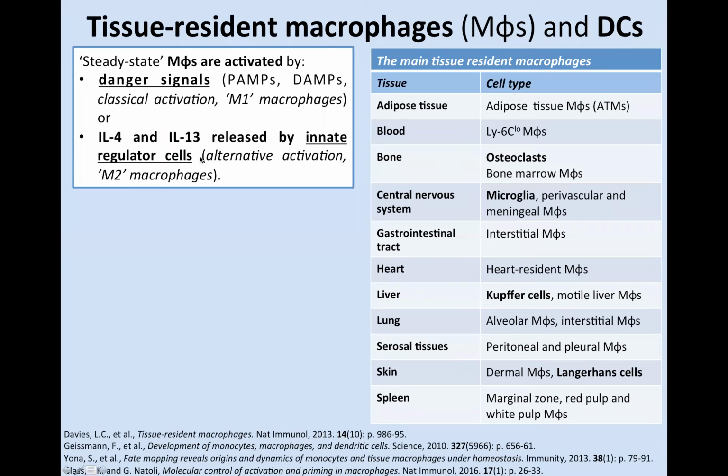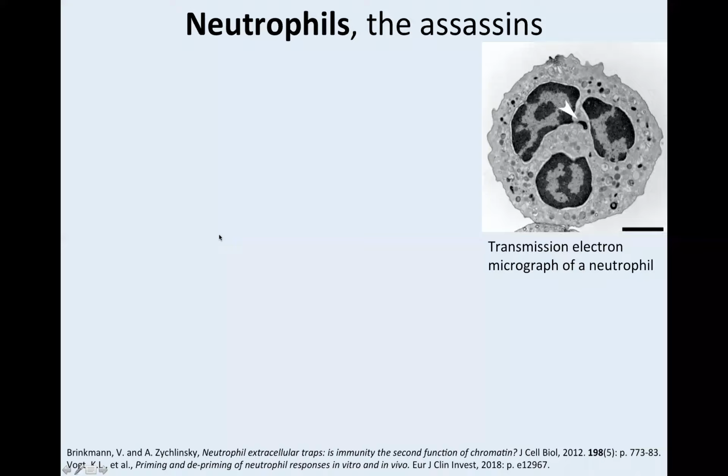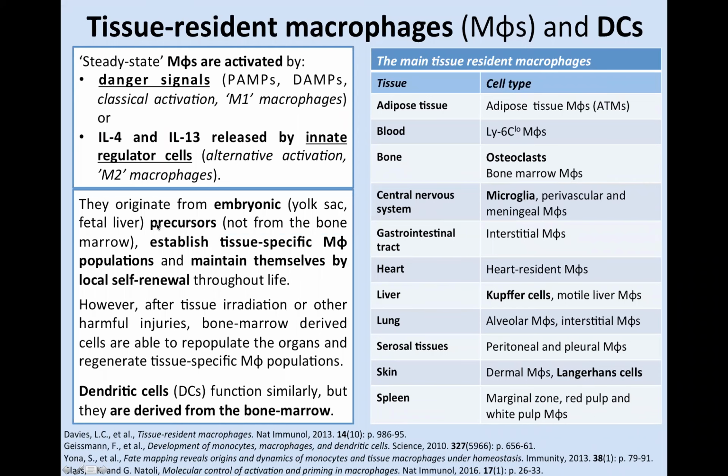This one will happen in response to certain interleukins, interleukin 4 and interleukin 13. The important part is that these cells are not coming from the bone marrow. Actually, they originate from embryonic precursors, and they establish a tissue-specific pool of these macrophages within each of our tissues, and they locally renew themselves.